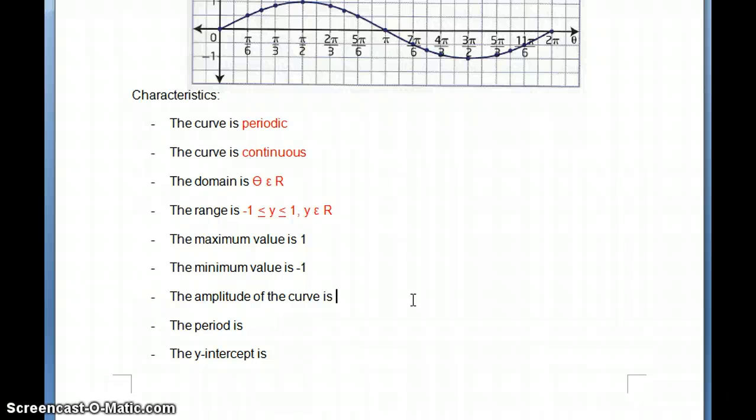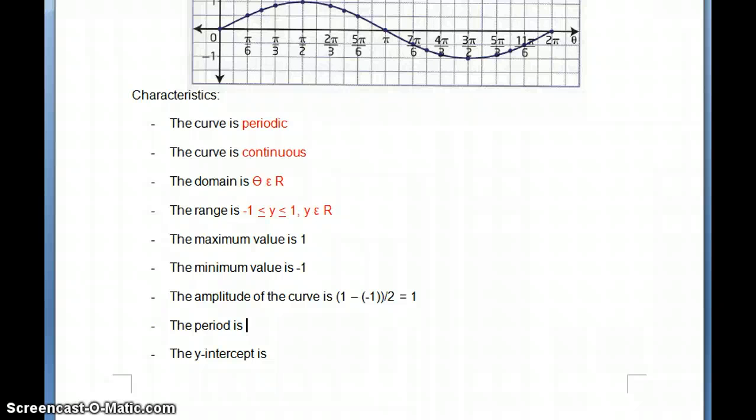If you wanted to use your amplitude equation, it's your maximum value minus your min, so you'd have 1 subtracted by -1, and that is all going to be divided by 2. If you solve that out, you should get 2 over 2, which is simply equal to 1. That helps reinforce what we've already talked about.